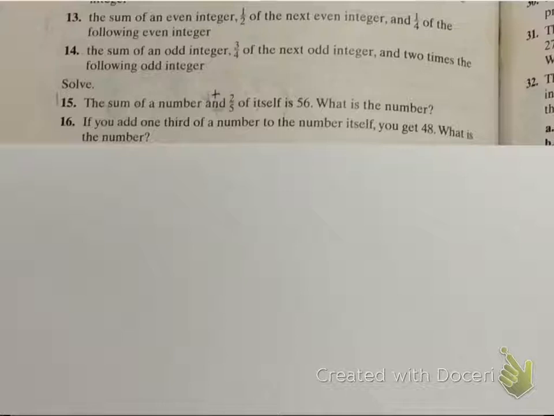What am I calling x? This is not about integers. I'm on number 15. What is x? The number.